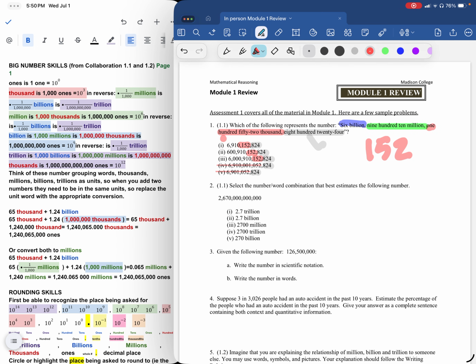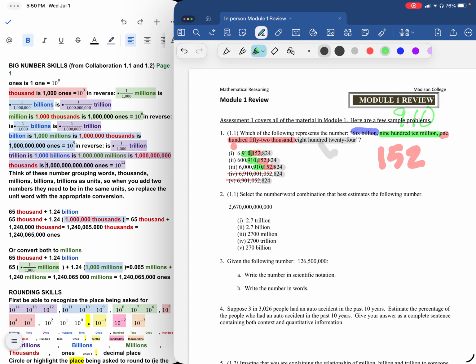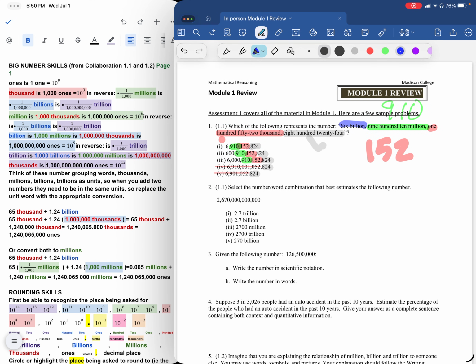So the next number was our millions, 910. So that's the next set of 3, 910, 910, 910. So now those are all still working well. And the last one is in blue, we have 6 billion. So that's just a 6.